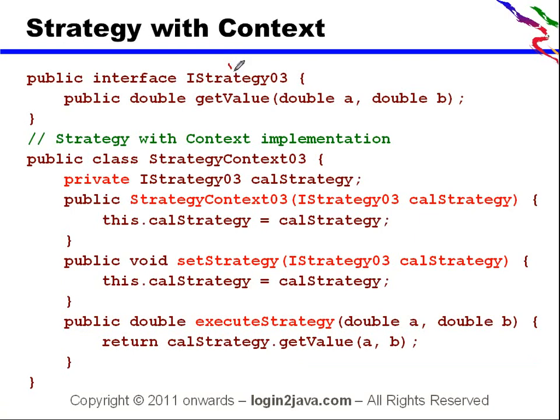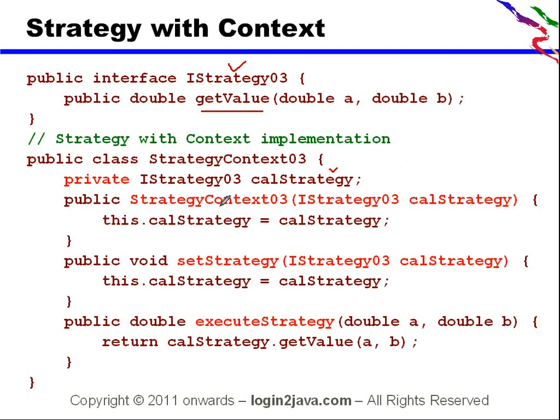Now this is our strategy 03, the same behavior, get value, and now we are having a strategy context, where we are having a reference for our strategy, first thing.